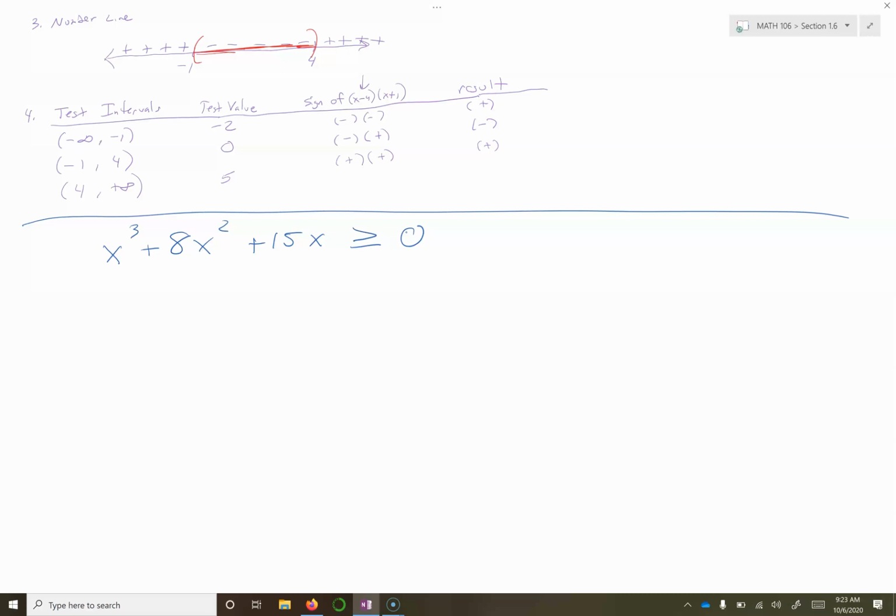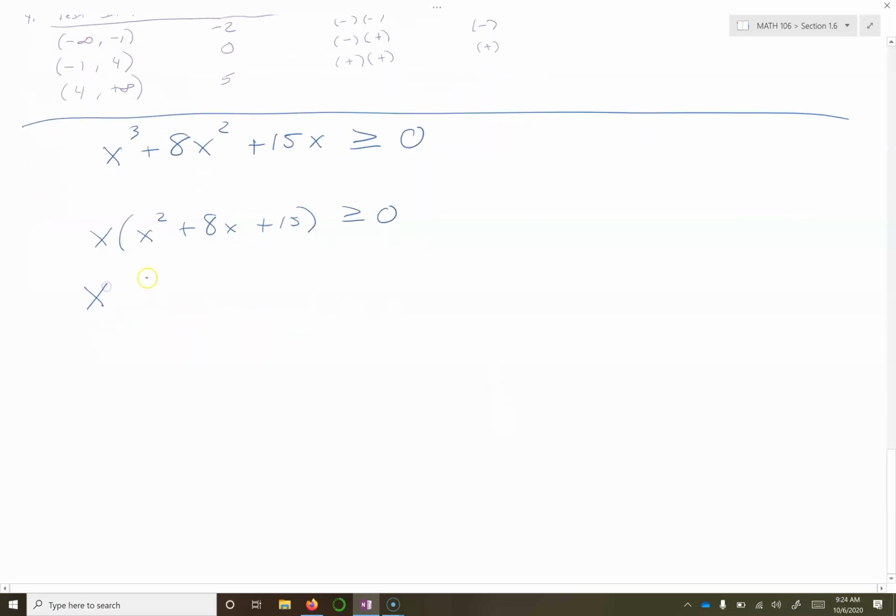We got a factor. It's already rearranged. So when I factor this, I'm going to take out an x because I see a GCF. I have x times x squared plus 8x plus 15 greater than or equal to 0. I could factor that quadratic: x and x, and then for 15, I get 5 and 3, and they're all pluses.